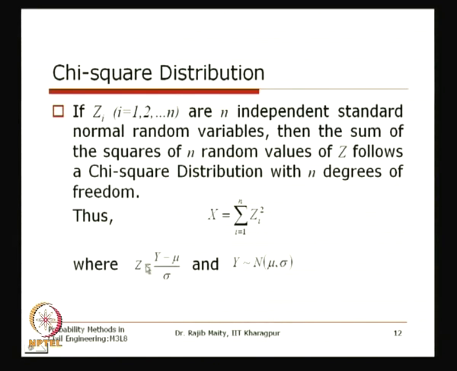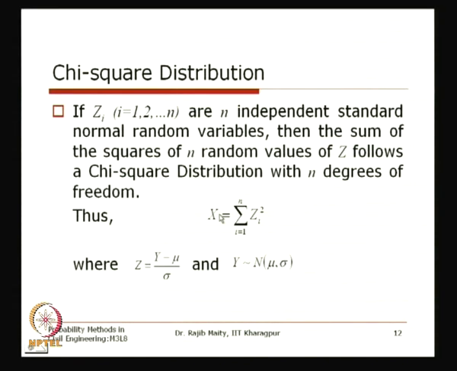If y follows a normal distribution with parameters mu and sigma, then we can get the reduced variate z, which equals y minus mu divided by sigma, for these n independent random variables. If we square them and add them, then this random variable x follows a chi-square distribution.